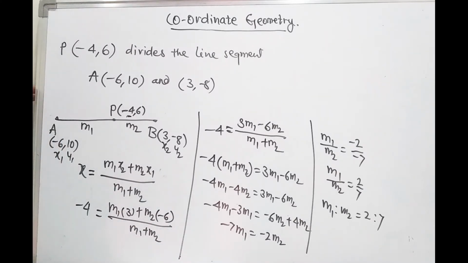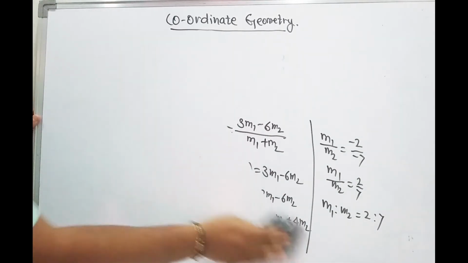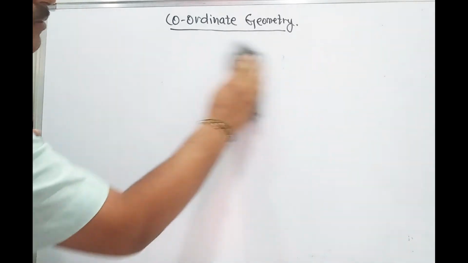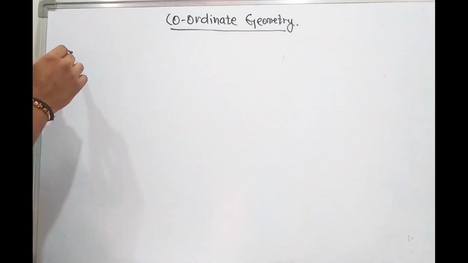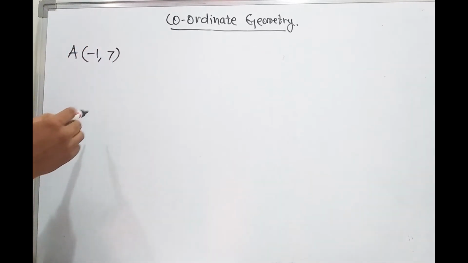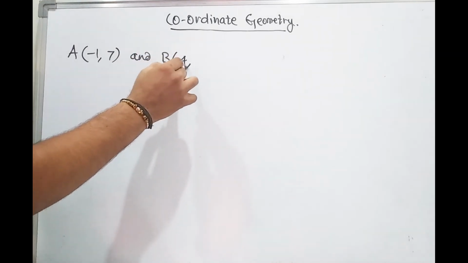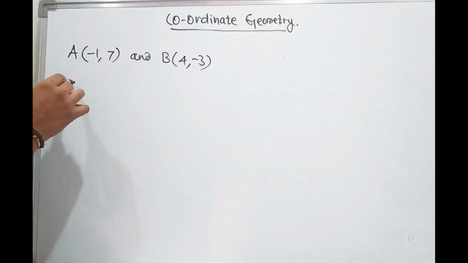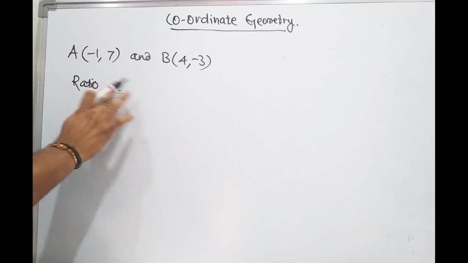Now sometimes in the example a ratio is given and we need to find the coordinates of the point. Now here in the earlier example, the point was given dividing the line segment and we need to find the ratio. Now the example is like this: find the coordinates of the point which divides the line segment joining point A (-1, 7) and B (4, -3), and the ratio is given as 2:3.